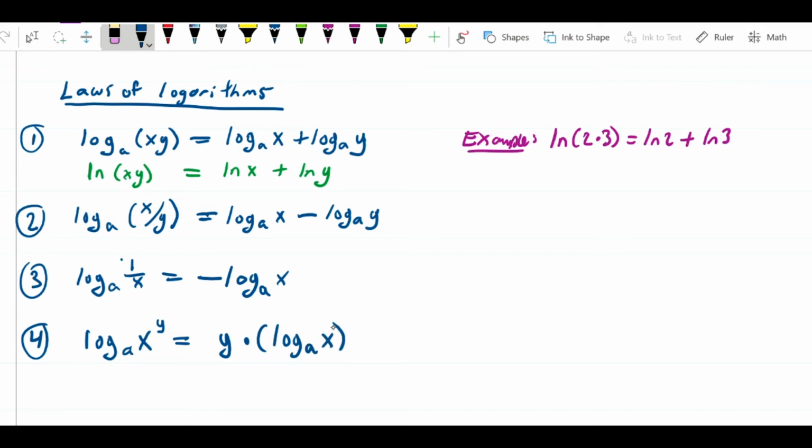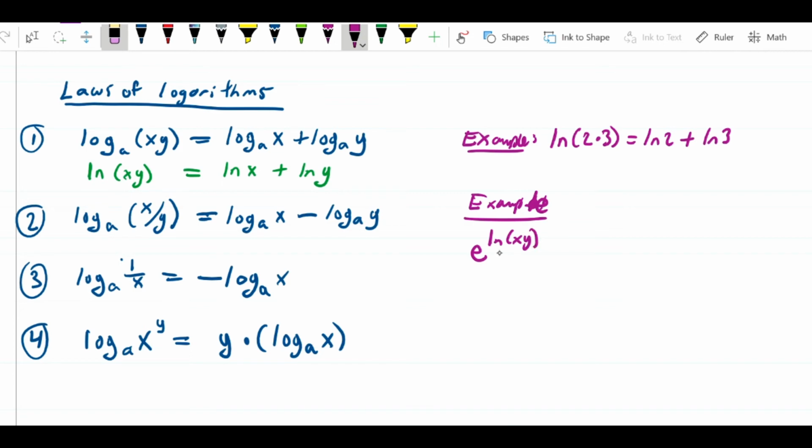So you can convince yourselves that these rules are true just by using them in conjunction with exponents. So let's take a look at the green line here with ln of xy. Let's convince ourselves that ln of xy equals ln x plus ln y. We can do that by simply writing out an example, e to the ln xy.